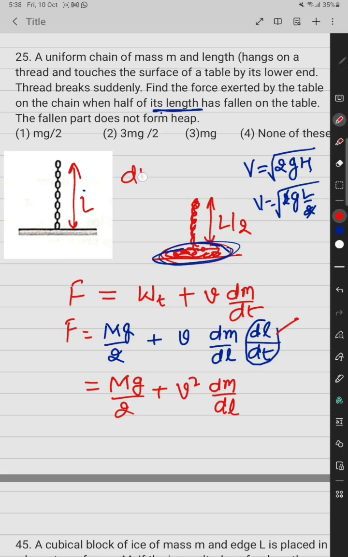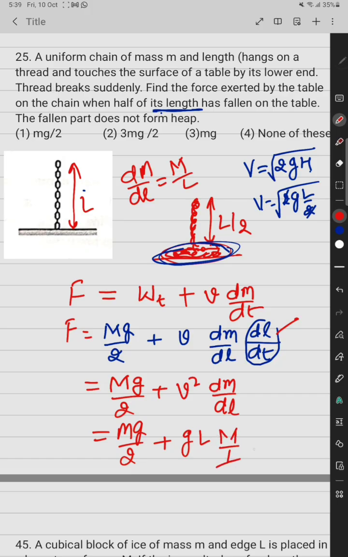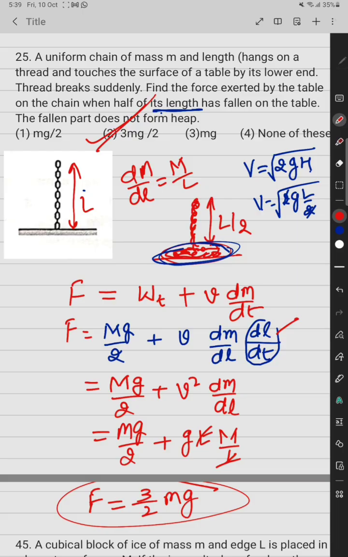And we know dm by dl is the mass per unit length, which is equal to m by L. Then it is mg by 2 plus v squared, that is gL, times dm by dl, the mass per unit length. So the total force exerted by the table on the chain is mg plus mg by 2, so it is 3 by 2 mg. The correct option is the second one.